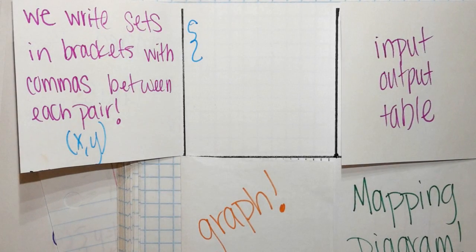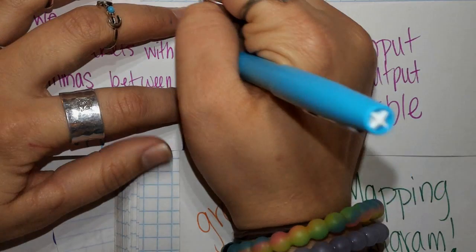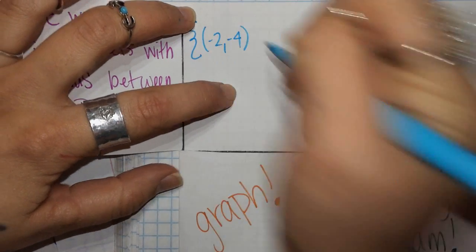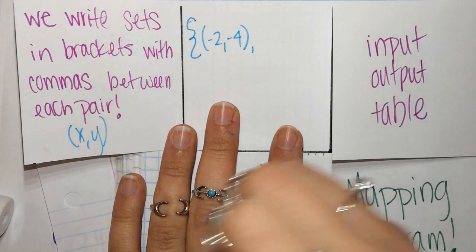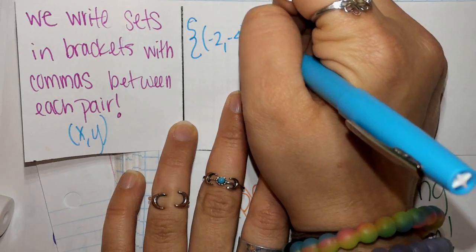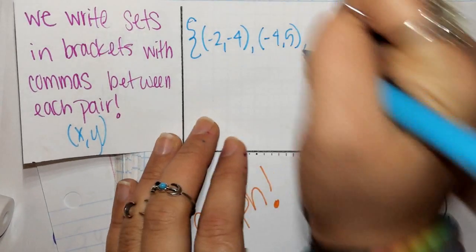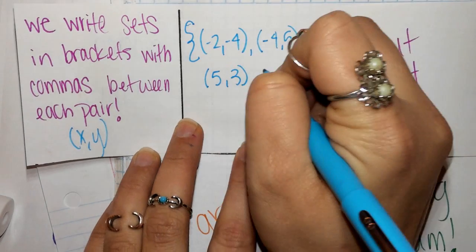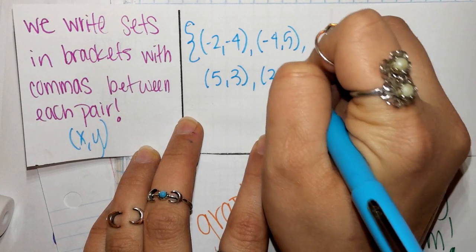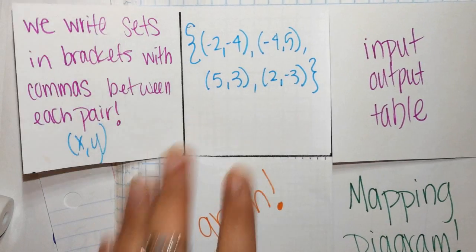Write your squiggy. All right, our first one is going to be -2, -4. Then -4, 5. Then 5, 3. And 2, -3. And then close your bracket.